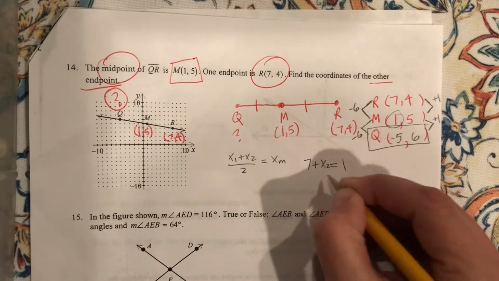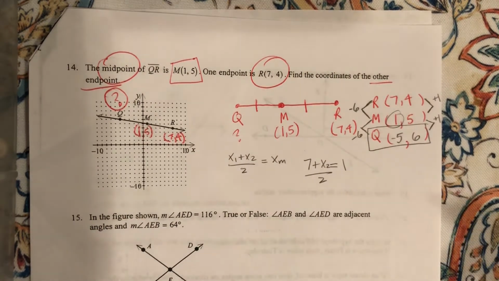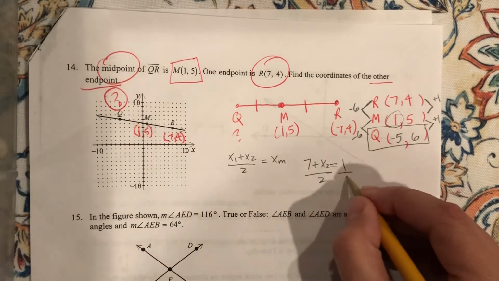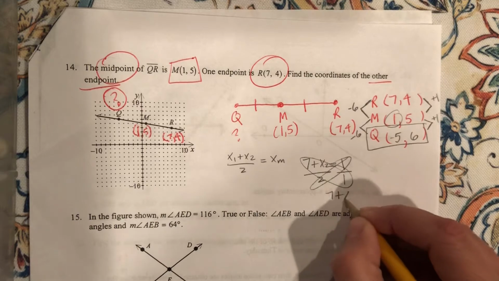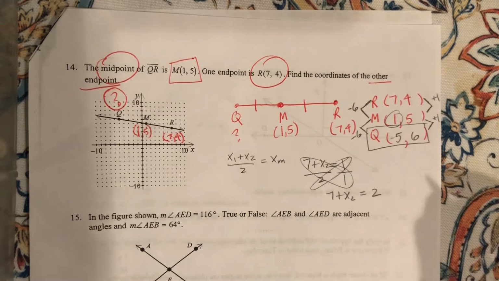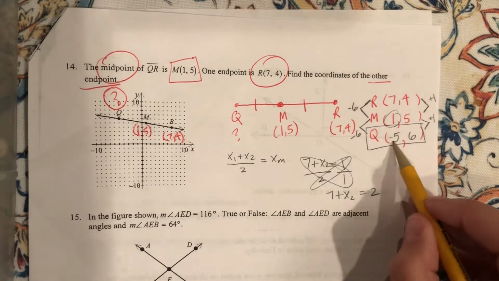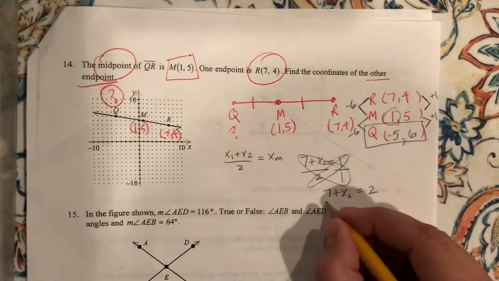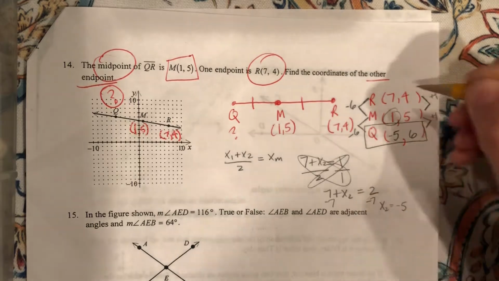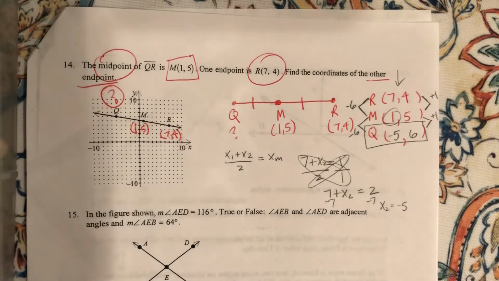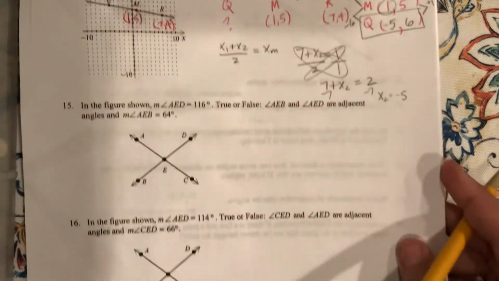I don't know my x2, divided by 2, and then you can solve it that way, which you would put 1 over 1, you would cross multiply, you would get 7 plus x equals 2, then you do the subtraction, and what do you get? -5. Same way. I think this way is harder. Personally, I like this way better. Okay? All right, so let's look at 15.